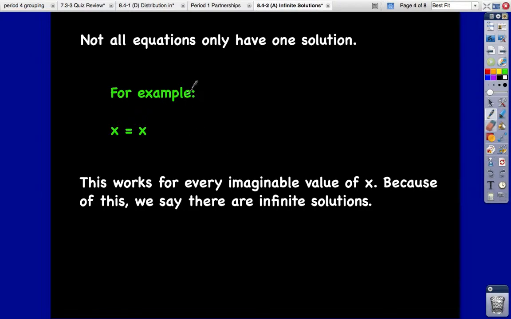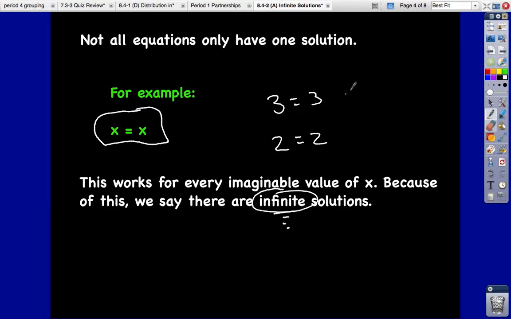All right, because you can end up with something that looks like this, a number equals a number, or even x equals x, this would work for every imaginable value of x. So if x was 3, it'd be 3 equals 3. If x was 2, it'd be 2 equals 2. Because of this, we see that there's an infinite amount of solutions, or x could be all real numbers.